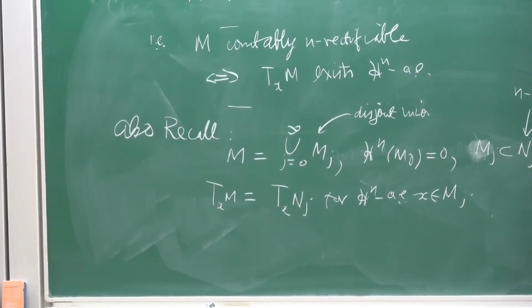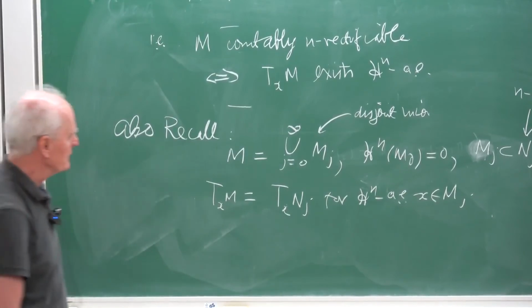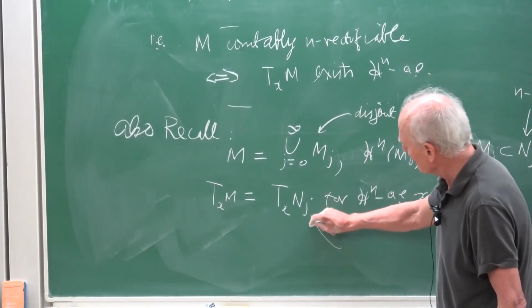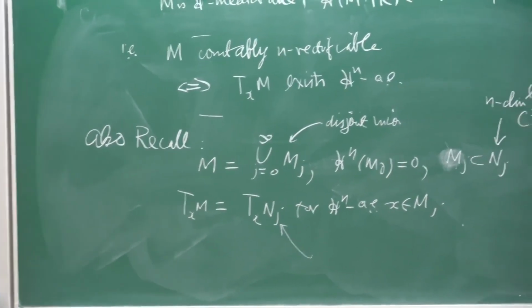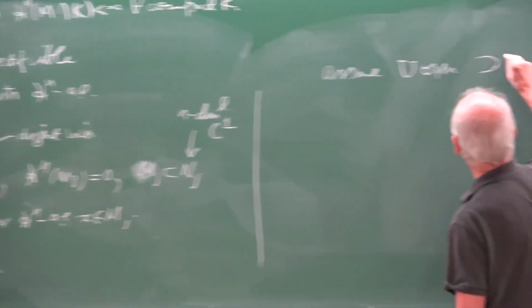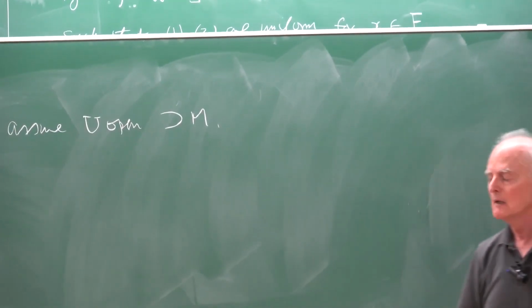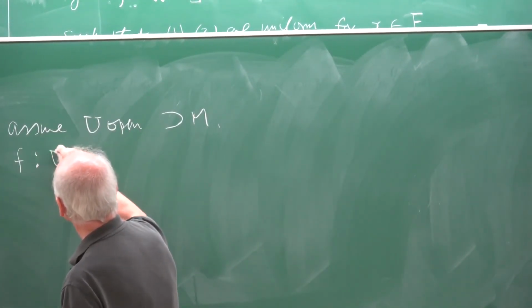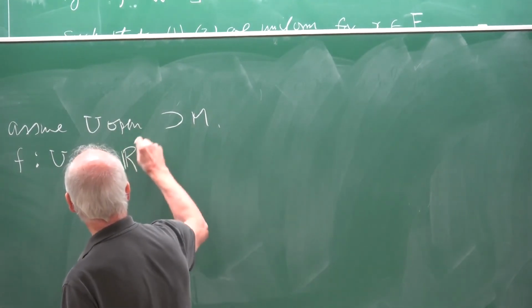And I want to show you now that you can do calculus with these things. Well, we already did calculus when we were working on N_j. So assume that U is open and contains M, and suppose that you've got a Lipschitz function f from U into R^p for some p.